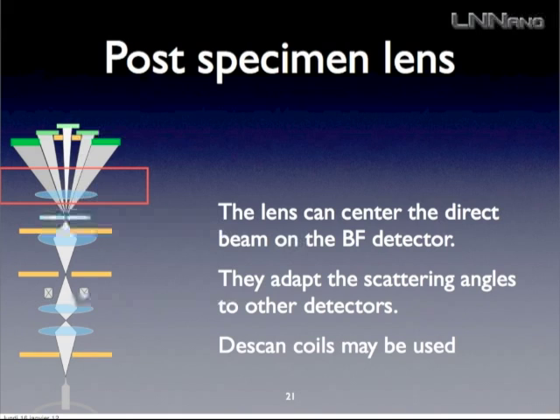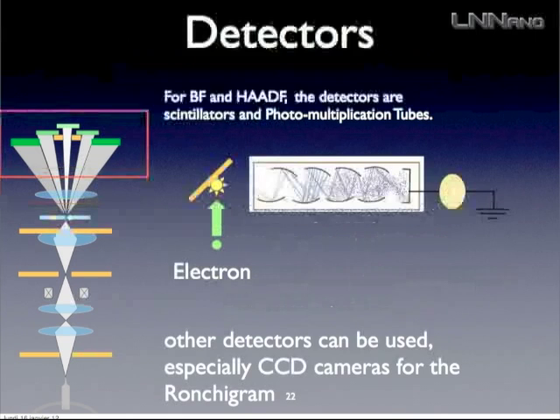It's not very worth considering if you scan small areas, but if you scan large areas, having the descan coils may help you remove some artifacts.